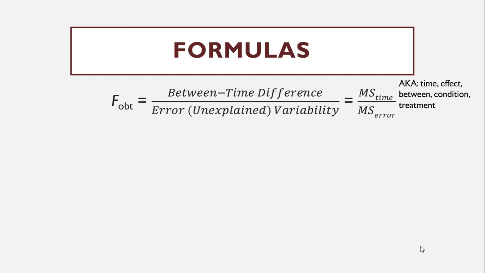The same way that when we looked at dependent samples t-test and independent samples t-test, the dependent samples t-test had more power because we are accounting for the individual variability. We're partialing it out. It no longer goes into that error term. Because of that, the denominator is ultimately going to be a smaller number.